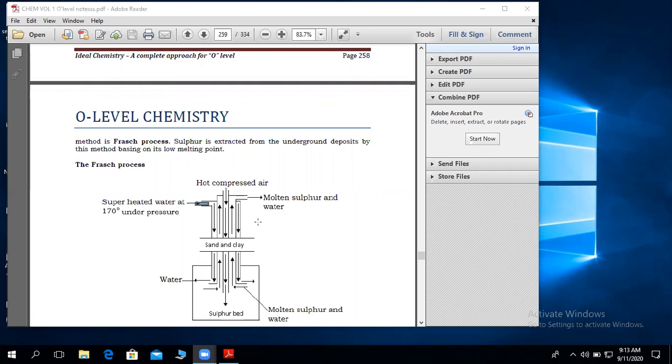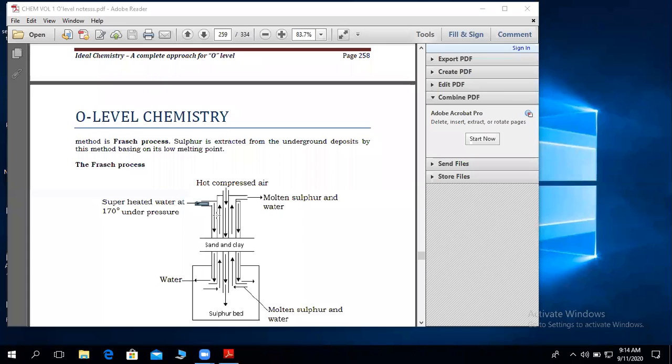Now, when the hot compressed air and the superheated water go to the sulfur bed, the sulfur will be forced to come out of the sulfur bed, but it comes out in the middle pipe. I told you this is the outermost pipe and it continues, where you see arrows going down.